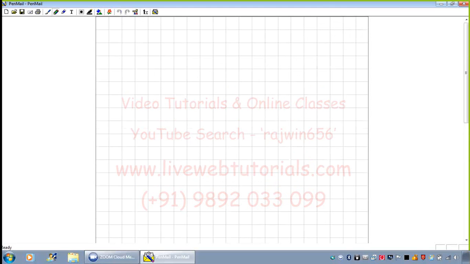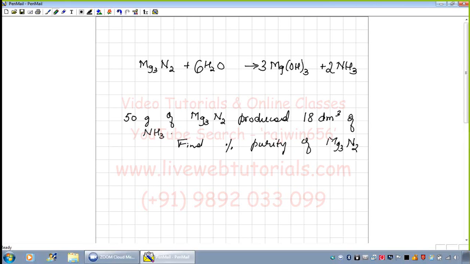The next example of percentage purity, we have to balance the equation first of all. Okay. The RMM of MgCO3 will be 24 plus 12 plus 16 into 3, which is 84.